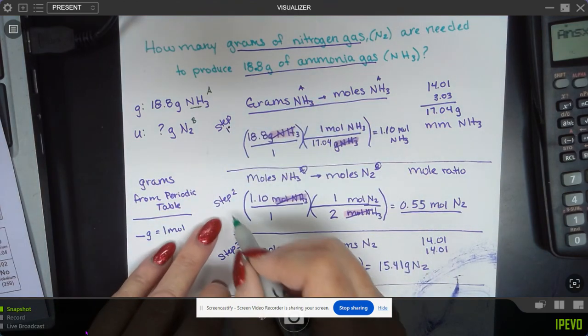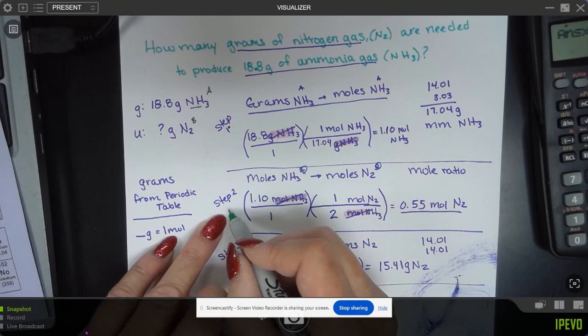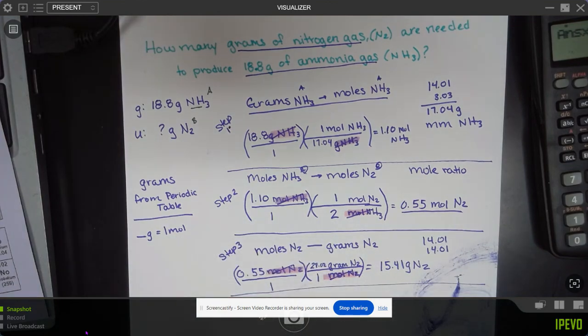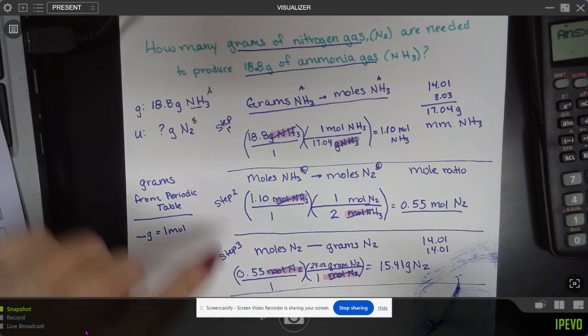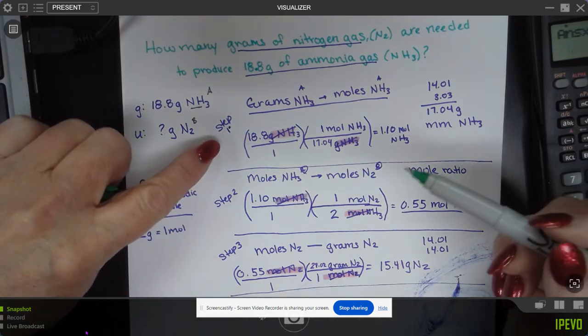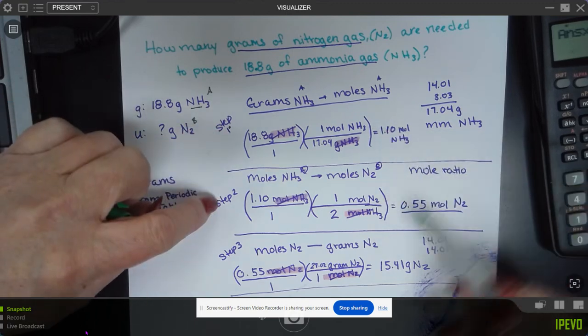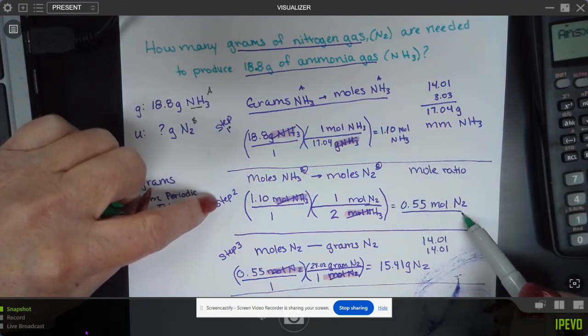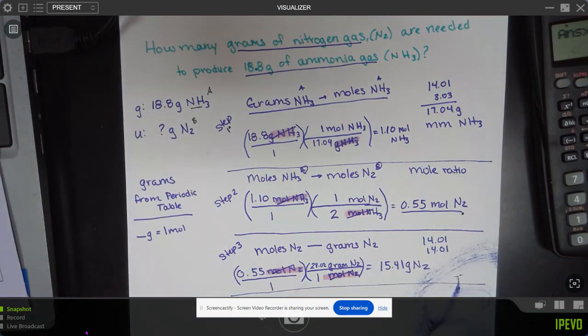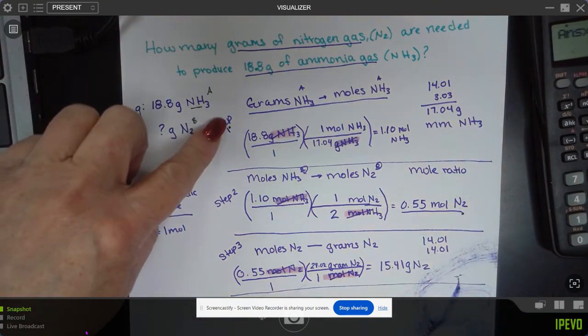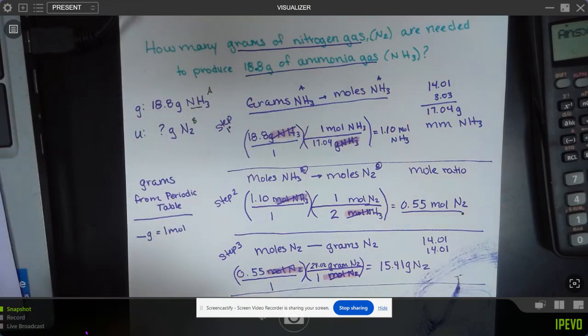If you're given moles, you're going to start at step 2. If you're given grams and it asks you for moles, you're going to go from step 1 to step 2 and end where you get to moles. It's these 3 steps always. It's just a matter of where you start and where you stop.